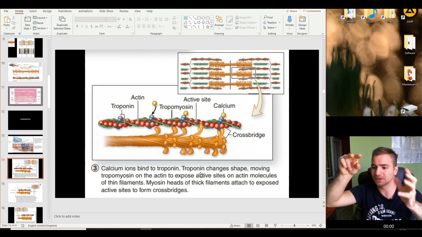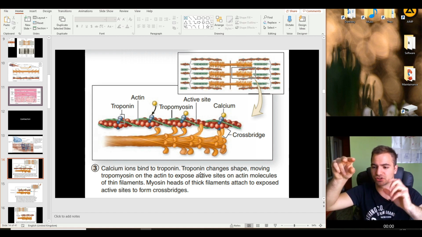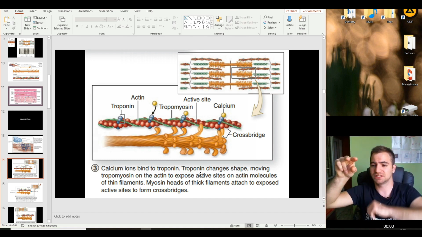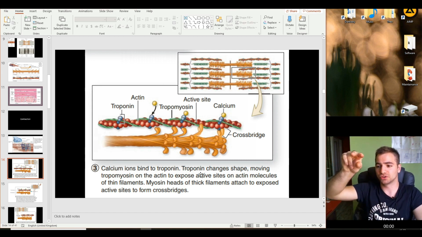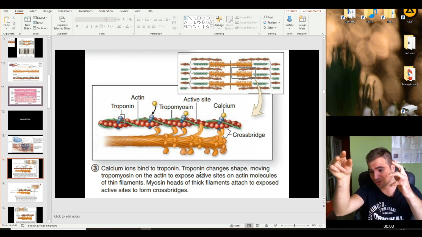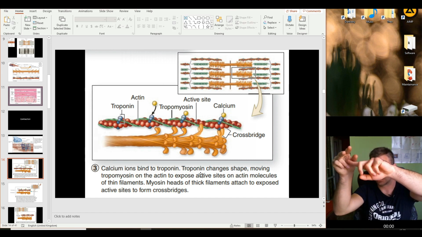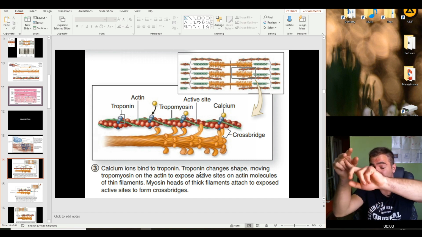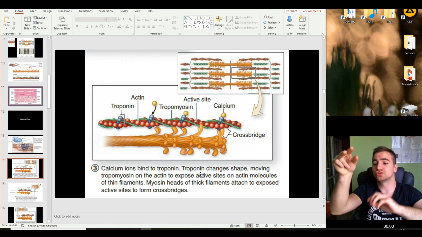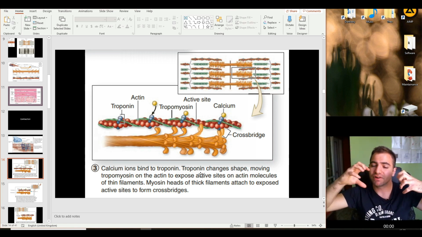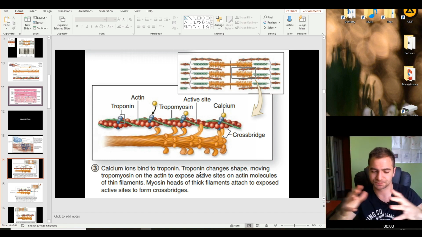Of course, this is not literally true, but it helps you imagine how it works. Calcium binds and this leads to a conformational change, which is this rotation. Imagine that this allows the tropomyosin protein to move away from the binding site.